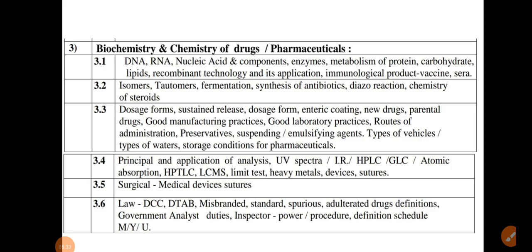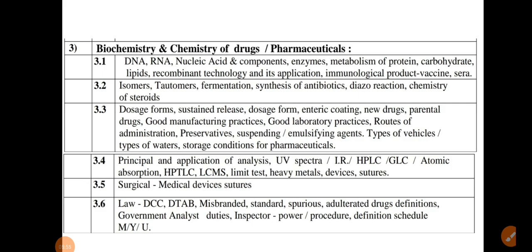So first cover your syllabus and then go for the other minor subjects. In 3.3, that section is totally related to your pharmaceutics: dosage forms, sustained release dosage forms, enteric coating, new drugs, parenteral drugs, GMP, GLP, then route of administration, preservatives, suspending agents, emulsifying agents, types of vehicles used, types of waters used, then storage conditions for pharmaceuticals.